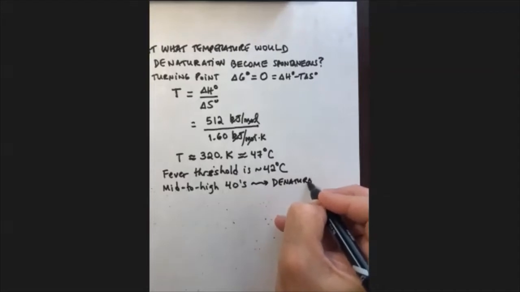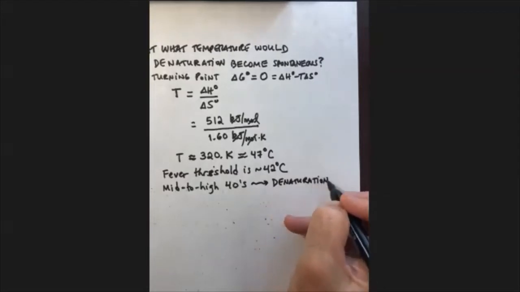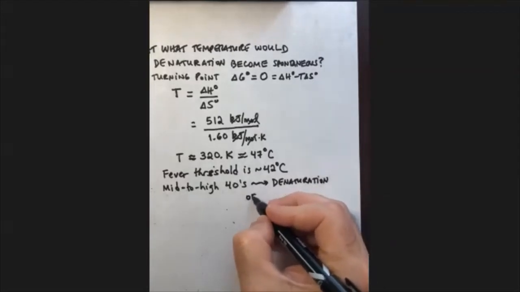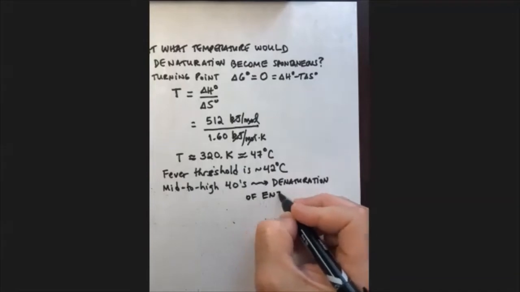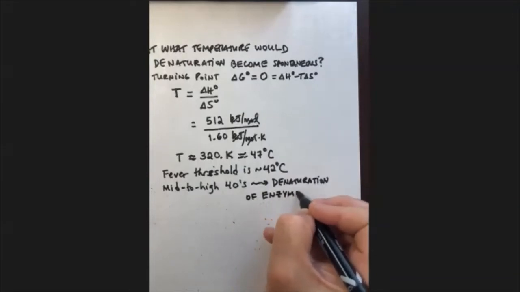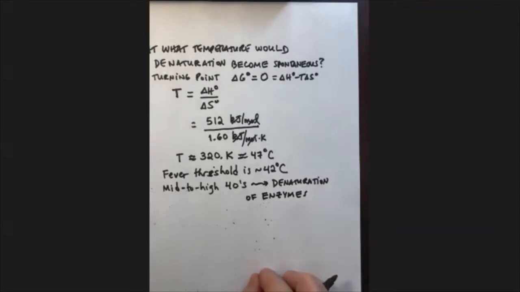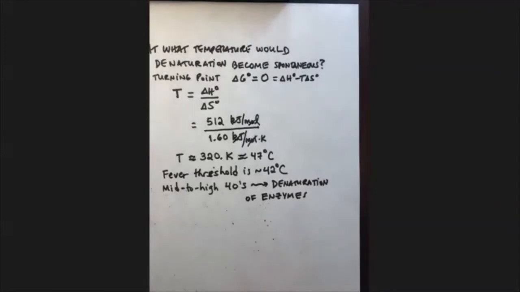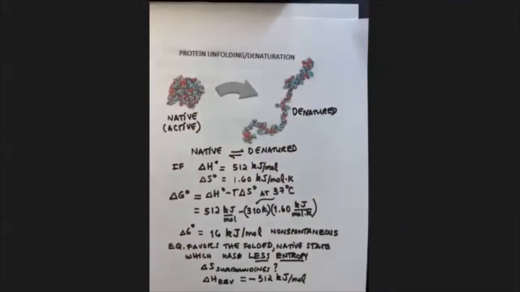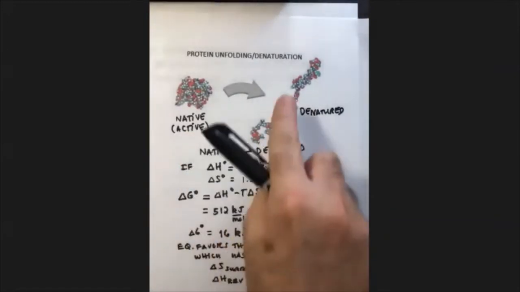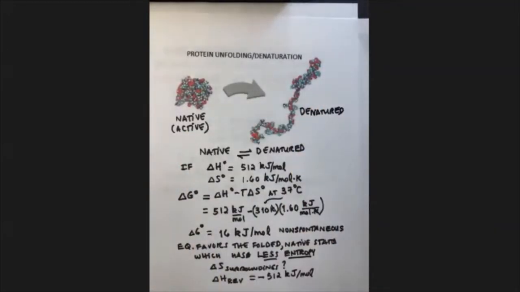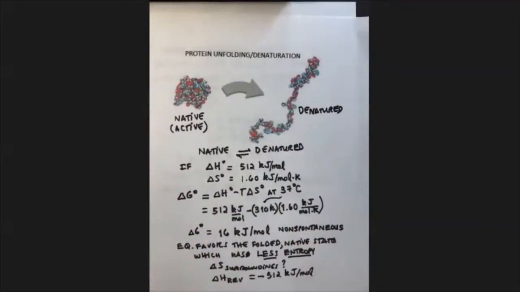And here's the thing. We did an example of a complete denaturation, a glob of protein becoming a free-ranging, random chain.